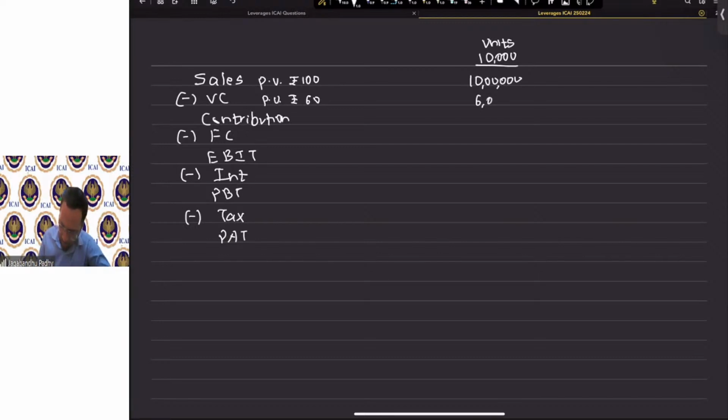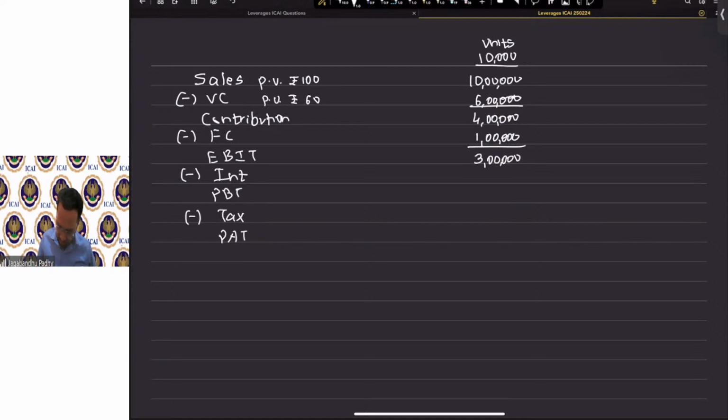Then the variable cost amounts to 6 lakh. So contribution will become 4 lakh. Fixed cost, suppose it is 1 lakh. So we have an EBIT of 3 lakhs.